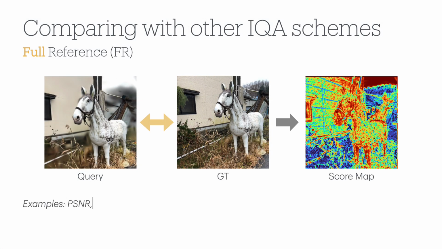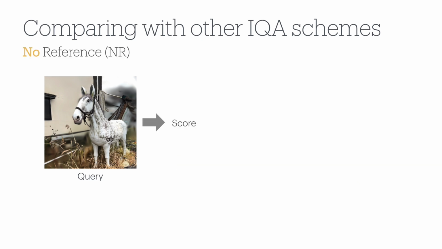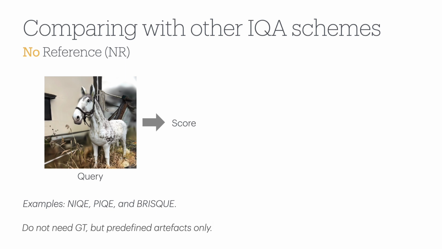The most common image quality assessment in novel view synthesis applications is the so-called full reference method. Examples include PSNR, SSIM, and LPIPS. This line of work provides accurate and detailed evaluation, but they need a pre-aligned ground truth image for a query image. Next, we have another image evaluation scheme, which is called no reference image evaluation. The examples in this line of work include NIQE, PIQE, and BRISQUE.